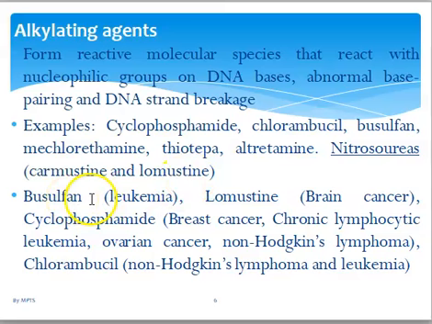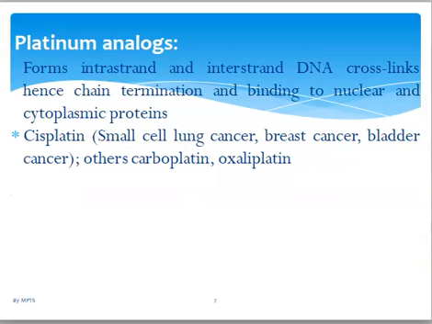Now, of course, you know that busulfan can be used in leukemia, lomustine can be used in brain cancer, cyclophosphamide in breast cancer, chronic lymphocytic leukemia, ovarian cancer, and non-Hodgkin's lymphoma. Chlorambucil could be used in non-Hodgkin's lymphoma and leukemia. Now, of course, there are very many uses. Remember, this is just a short presentation to keep you in that academic mood, and I'm sure you can get more of this information, or in case you can't, we are always available.